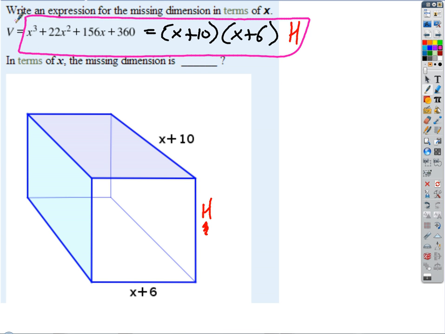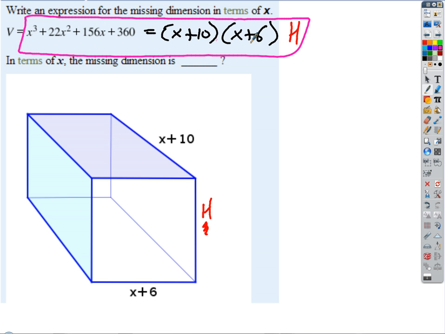So how am I going to get that h by itself? What are my strategies here? Got to get everything to the other side. Well, how am I going to get rid of the x plus 10 and the x plus 6? Divide. Now I have two options here, don't I? I have the option of either multiplying, foiling these out, which I could do.